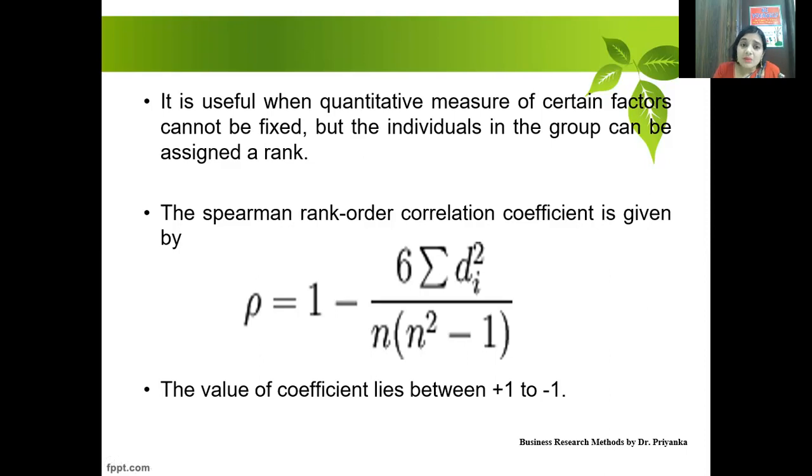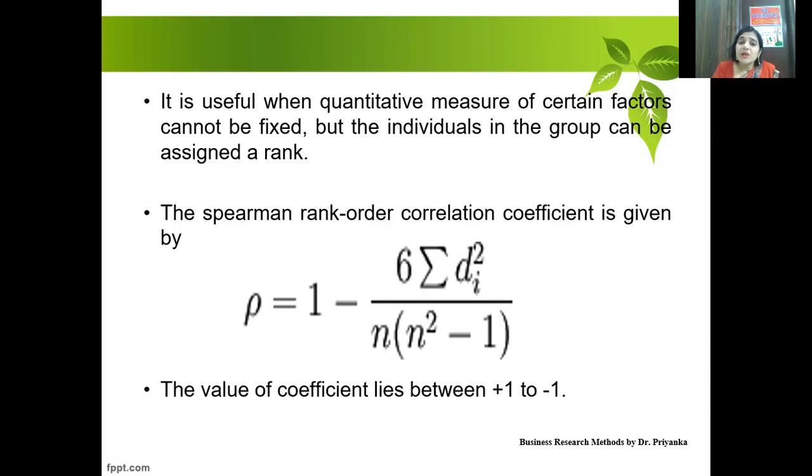If the value is above 0.7, that means the variables are highly correlated. If the value is around 0.3 or less, then they are showing low correlation among them. If the value is around 0.5, then there is a moderate correlation among the variables.